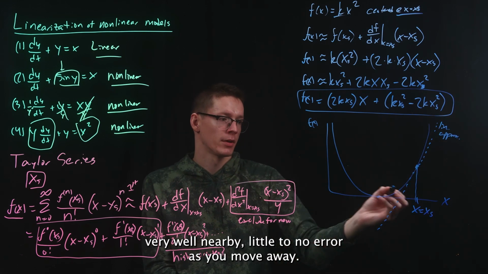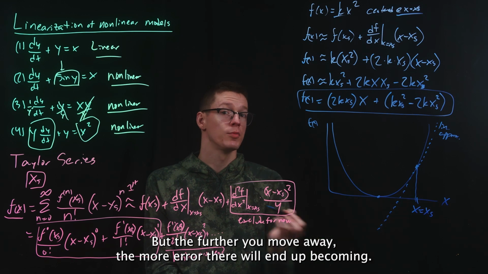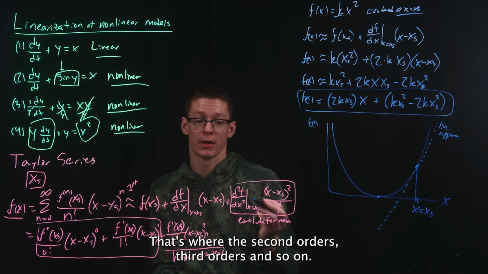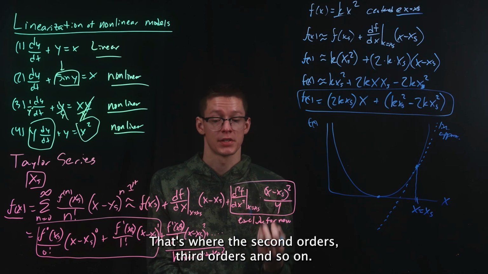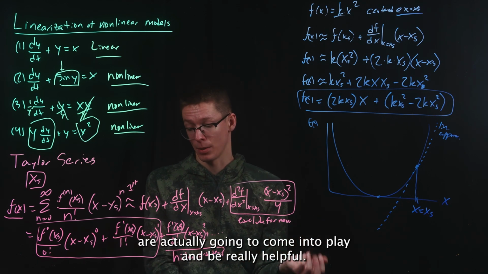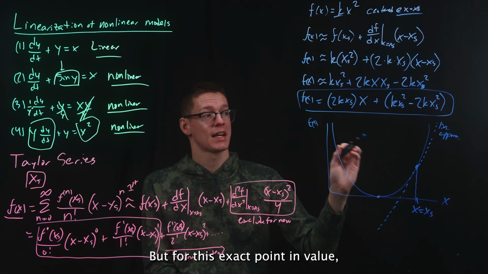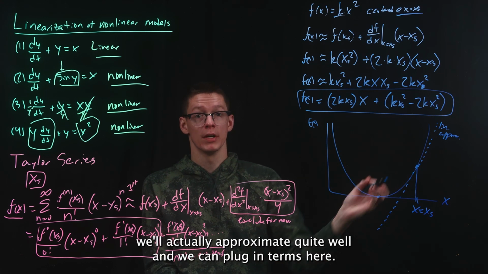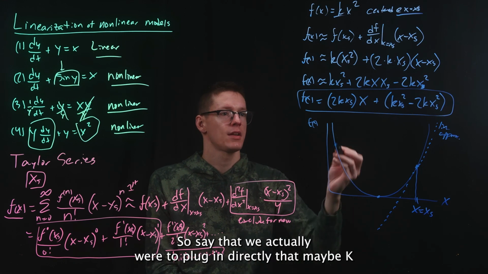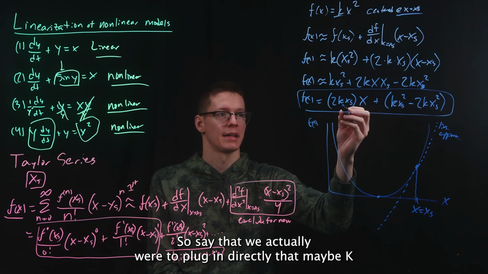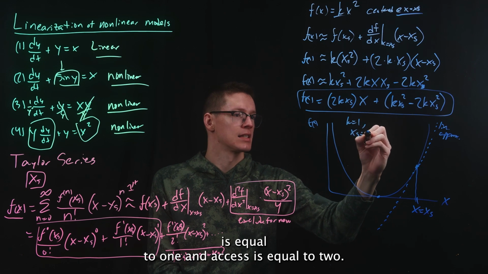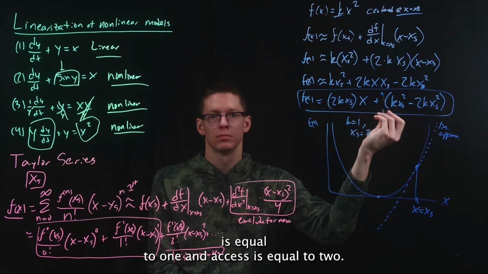Little to no error as you move away. But the further you move away, the more error there will end up becoming. That's where the second orders, third orders, and so on of all the higher order terms are actually going to come into play and be really helpful. But for this exact point in value, it will actually approximate quite well. And we can plug in terms here. So say that we actually were to plug in directly that maybe k is equal to 1 and xs is equal to 2.